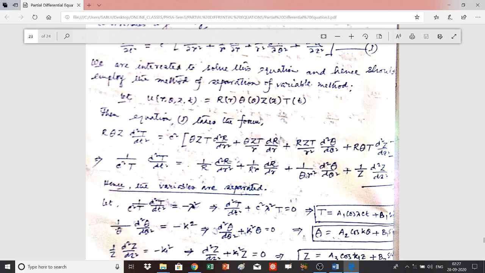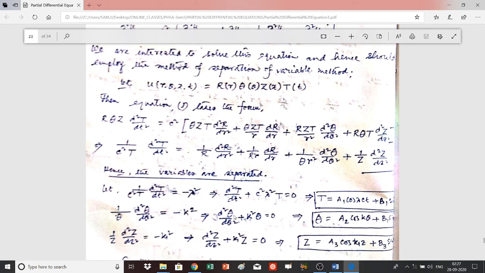Consider that (1/Θ) d²Θ/dθ² is equal to −k², another constant. So from here you can write d²Θ/dθ² + k²Θ = 0, and this will provide you another solution.